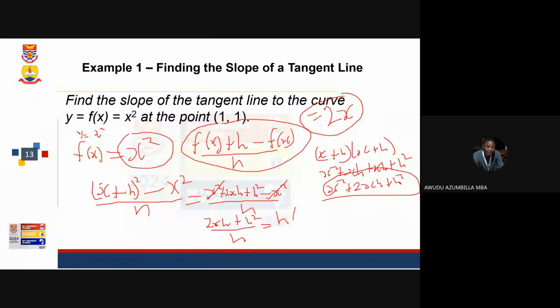I can simplify my h out. So I have h bracket 2x plus h. I have factorized the h out. The square will not be there again. So this h here and this h here will cancel out. What is left is 2x plus my h.